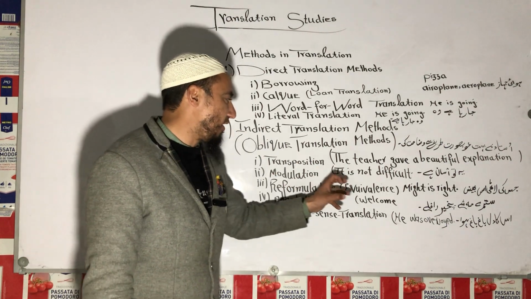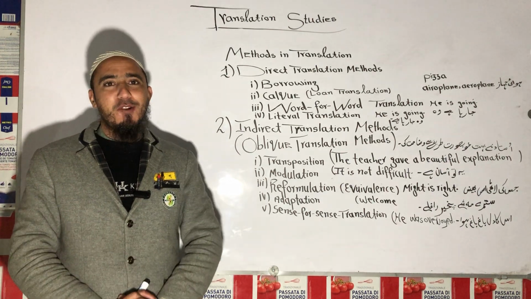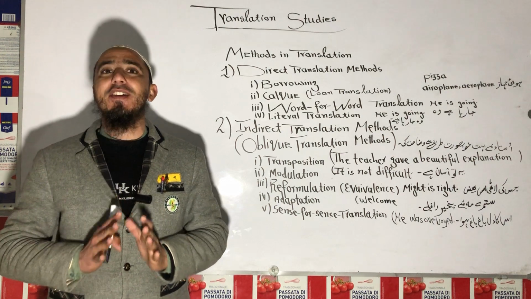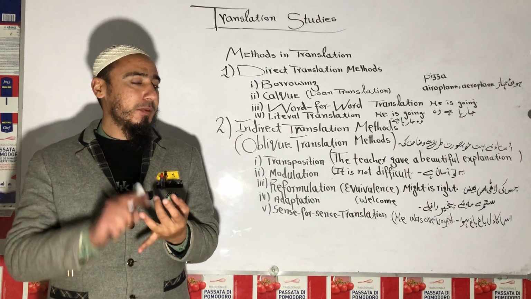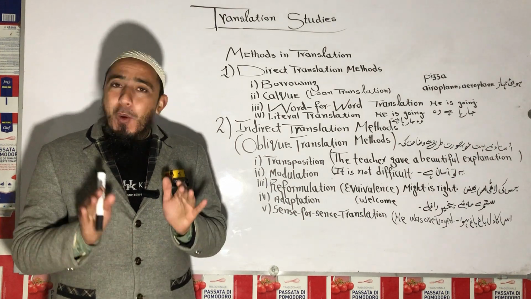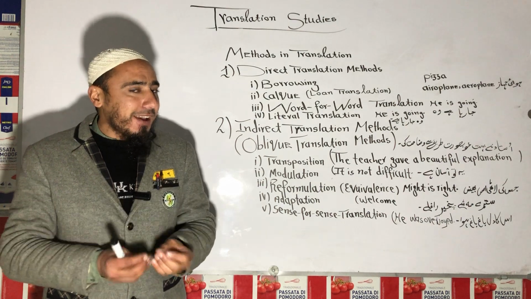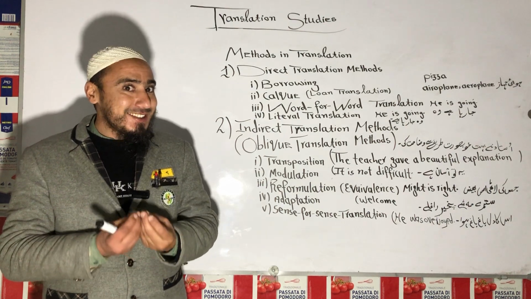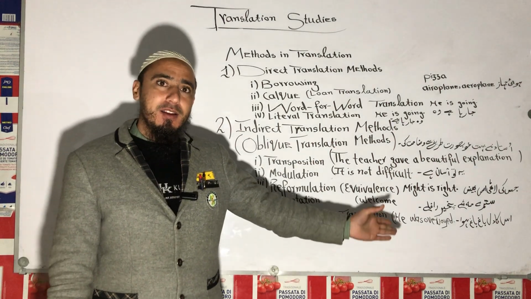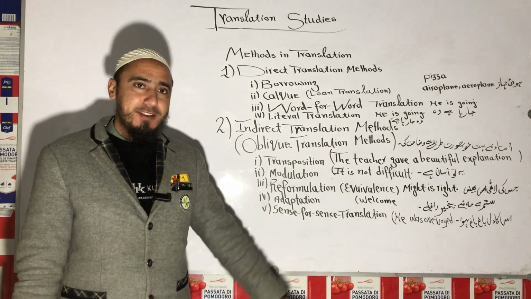Then we have reformulation or equivalence. This type of method is used for sayings, proverbs and idioms. It means whatever pattern English idioms, proverbs or sayings have, the same pattern would be applied to Urdu idioms and proverbs as well.